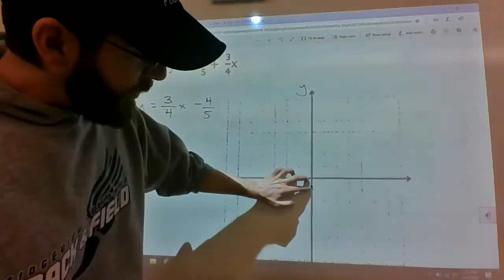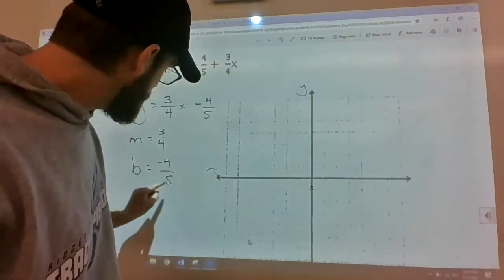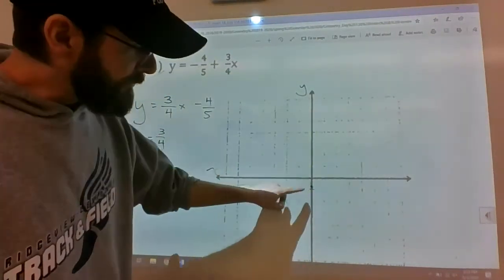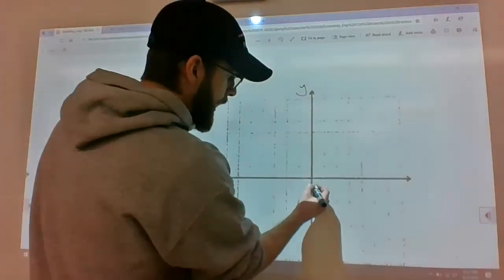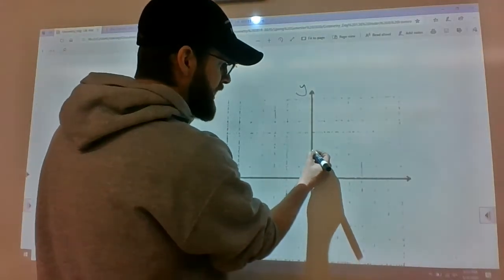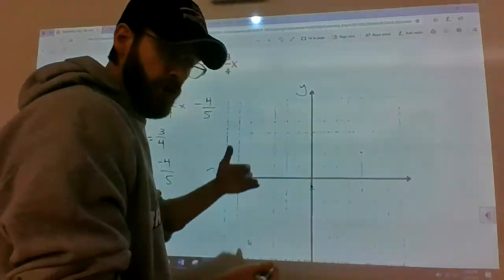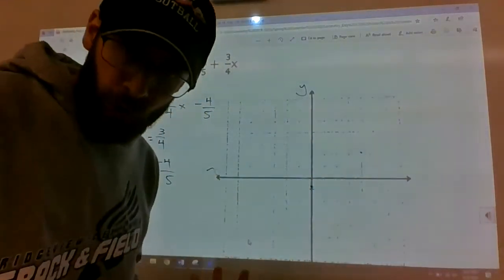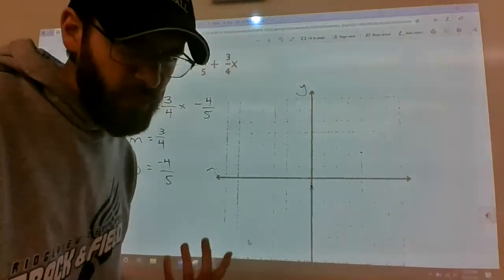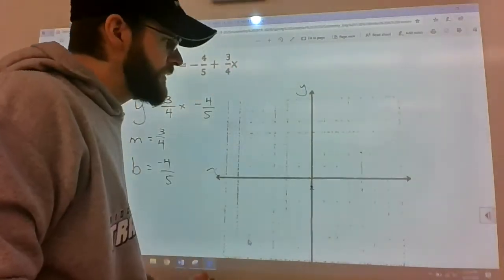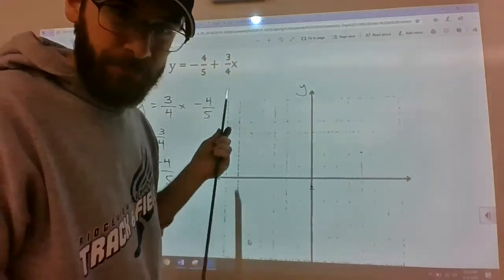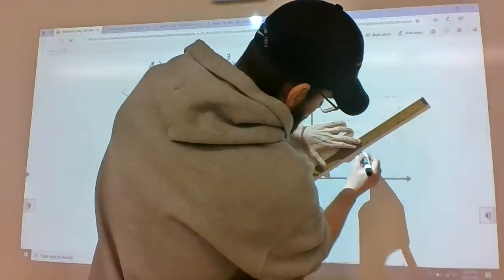So you go down 4/5 of a block, then you count up 3 from that point. So up 1, 2, 3, right 1, 2, 3, 4. And you could go the opposite way. Again, grainy graph doesn't make that so usable right now. But if I have at least 2 points, I can connect the dots.